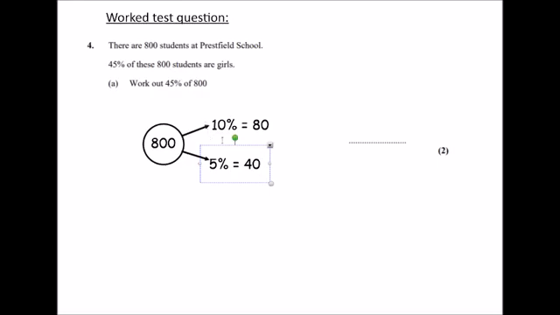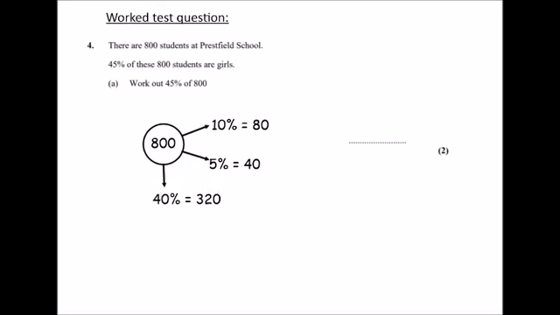So I know that if I did 4 lots of this 10% answer, that would give me 40%. So 40% is 4 lots of our 10% answer, so 4 lots of 80, which is 320.